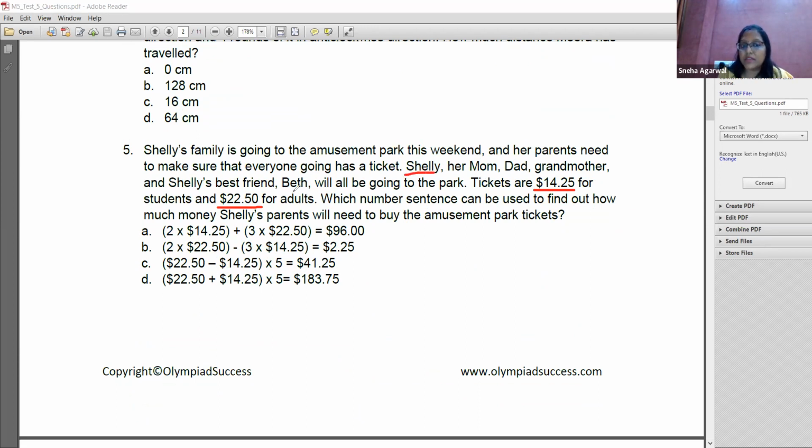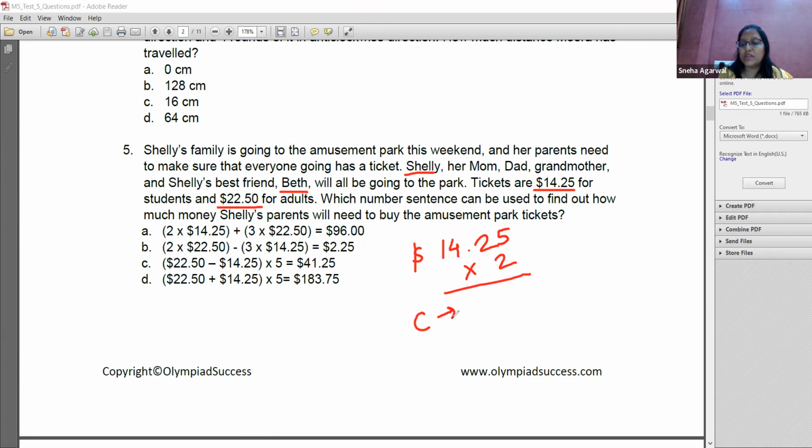Shelly and her friend Beth are the two children, and mom, dad, and grandmother are adults, right? For two children, you calculate with the rate given as 14.25 for one child, so you just multiply 14.25 by 2. This gives you the cost of the tickets for two children.